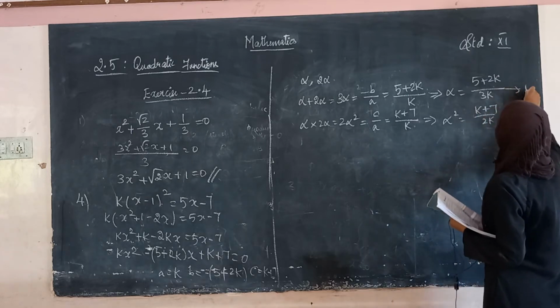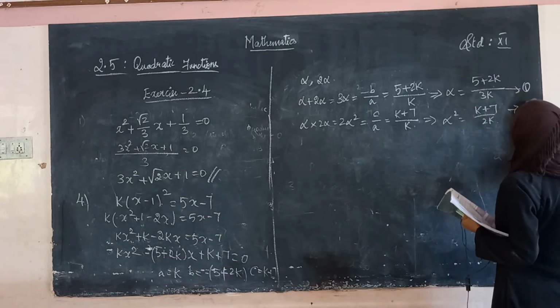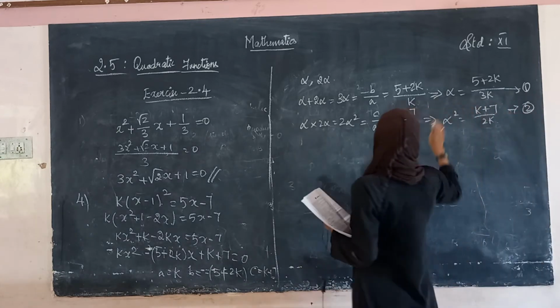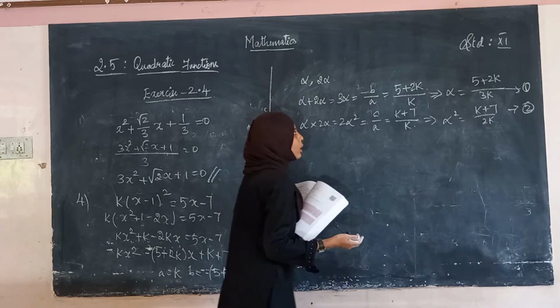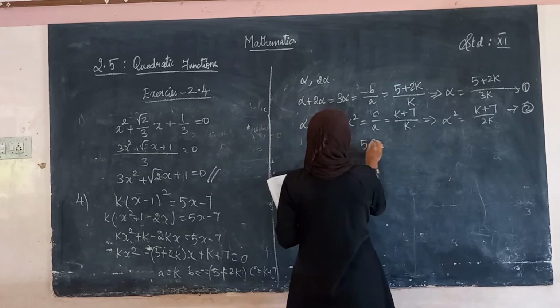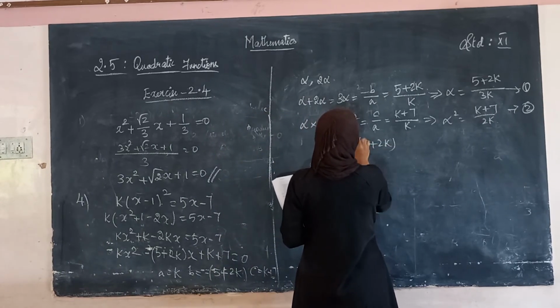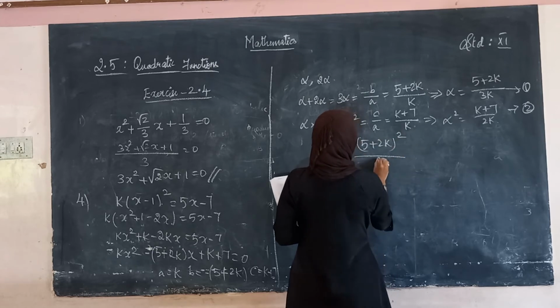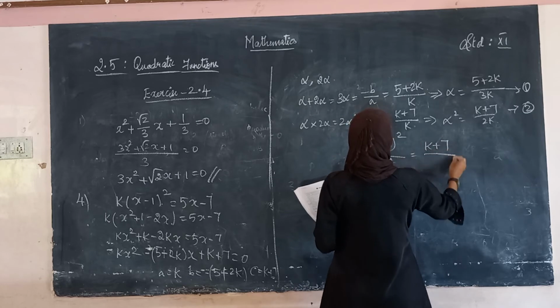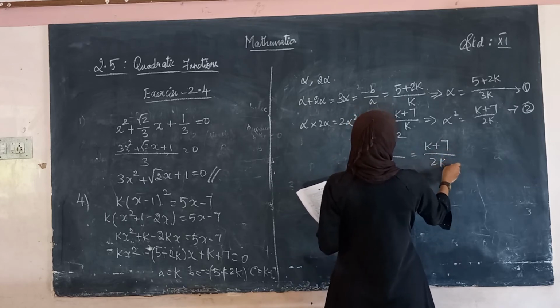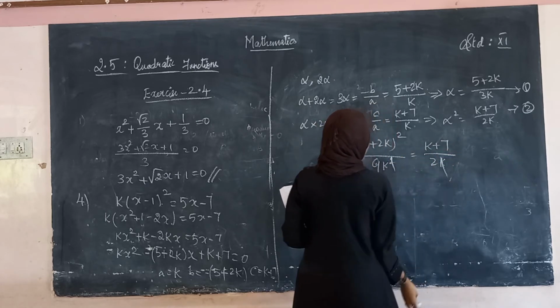Let this be 1 and this be 2. Now substituting 1 in 2, that is substituting the value of alpha, what happens here is 5 plus 2k the whole square divided by 3k the whole square, which is 9 into k square, is equal to k plus 7 divided by 2 into k. So here one k and this k get cancelled.